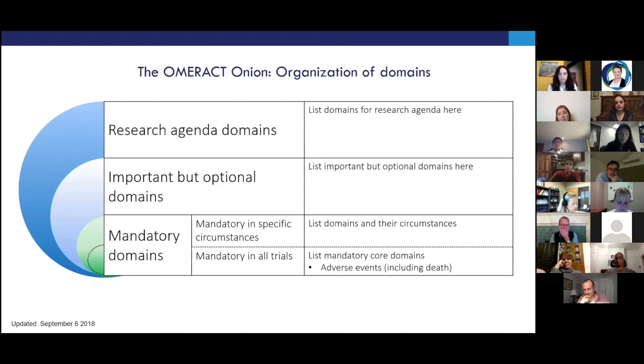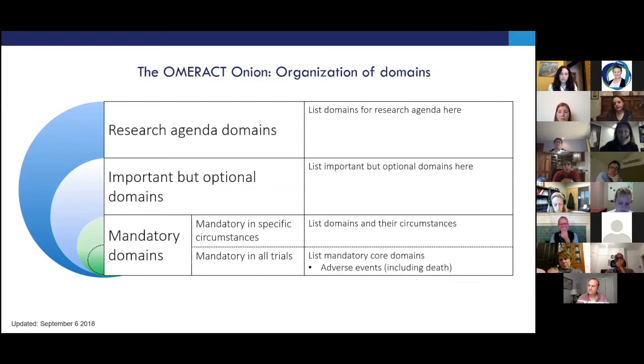And then this is the ultimate end result, the OMERACT onion. After generating our candidate list and narrowing it down to our final ones, we will place them in and categorize them into the OMERACT onion in order of importance, with the inner onion, or the inner circle, being the mandatory domains.